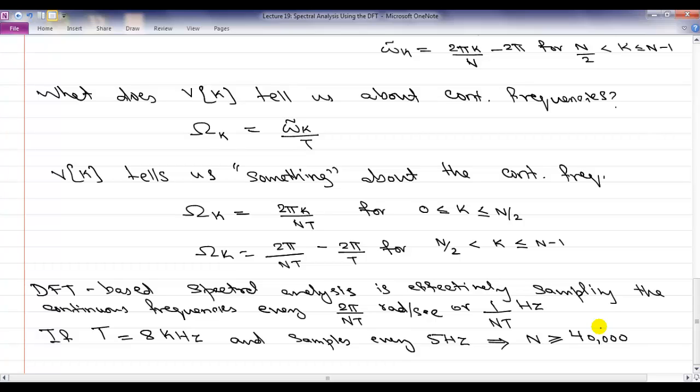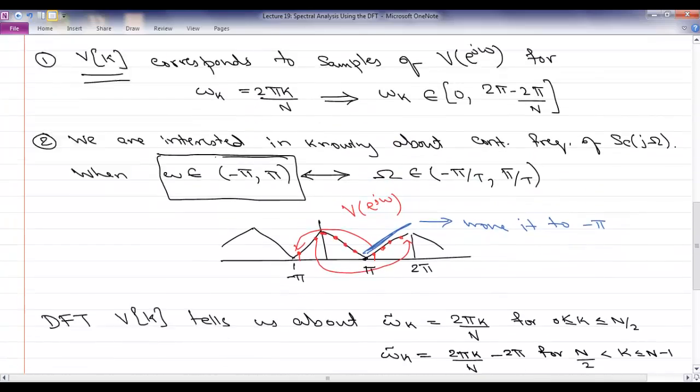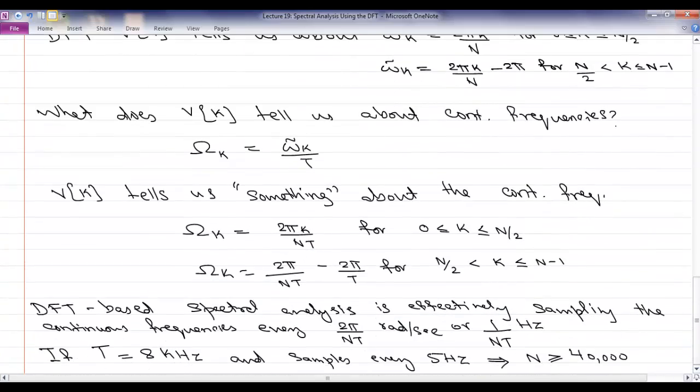And every sample will correspond to a frequency at 2 pi over N T. Okay. And those samples will be 5 hertz apart. Now, as I said, this helps you do the translation between, okay, this is my DFT index.